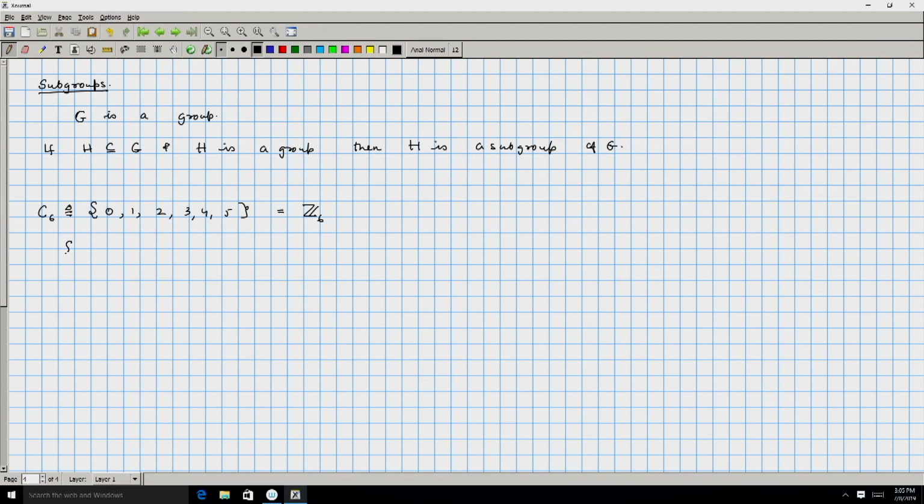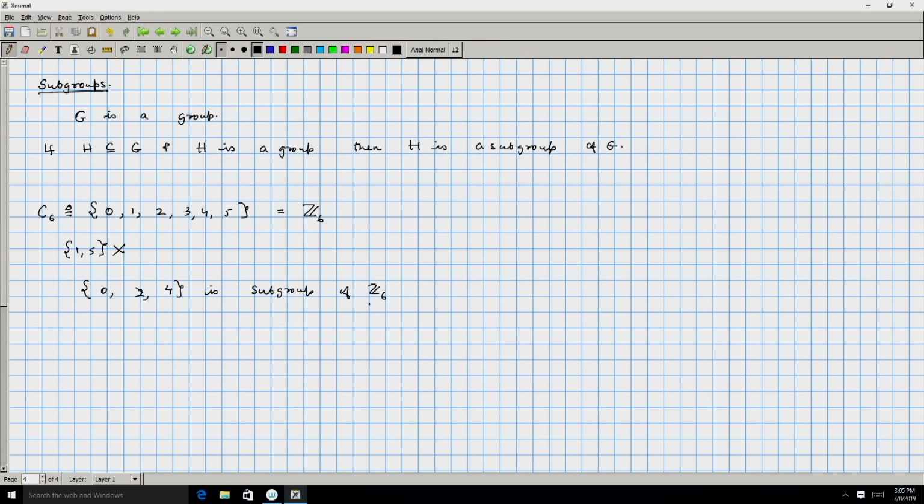Now, if you look at, let us say, elements 1 and 5 under mod 6 multiplication, that is a subset of the group that you have considered, but the operation that you are considering is changed. So, this will not be called a subgroup of Z6, whereas if you take elements 0, 2 and 4, this is a subgroup of Z6.